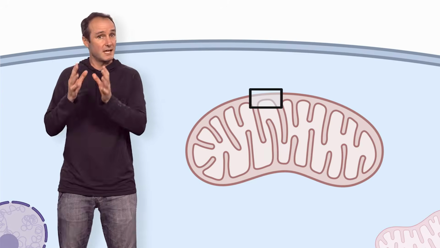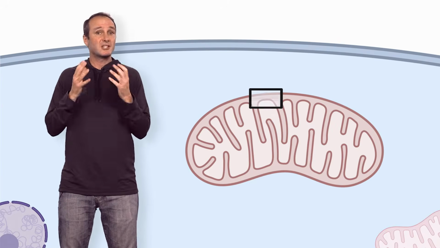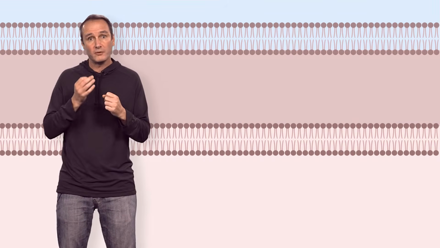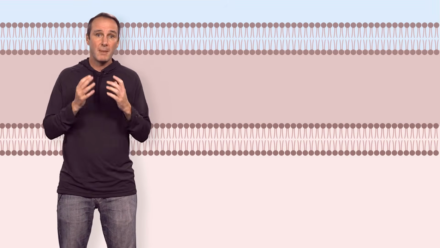In a eukaryote, this final stage of cellular respiration takes place in the mitochondria. It actually takes place in what are called cristae. These are sac-like structures on the inner mitochondrial membrane, and it relies upon a series of protein complexes embedded within that membrane.